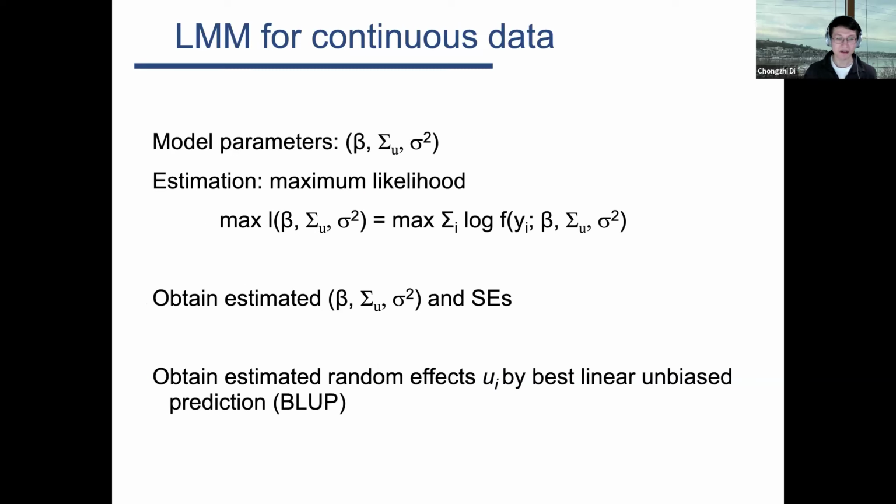We can also estimate those random effects by a method called best linear unbiased prediction. Again, I will not go into the details, but typical statistical packages implement all those estimation methods for the coefficients, for the standard errors, and they will also give you the estimates of random effects.